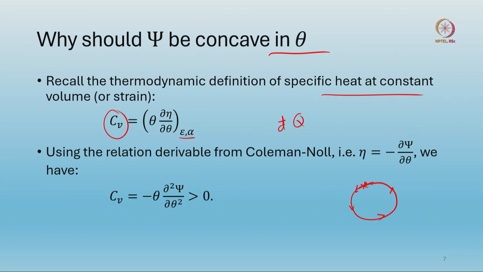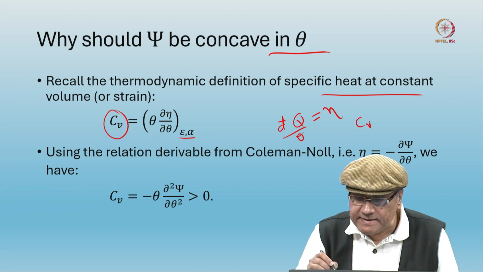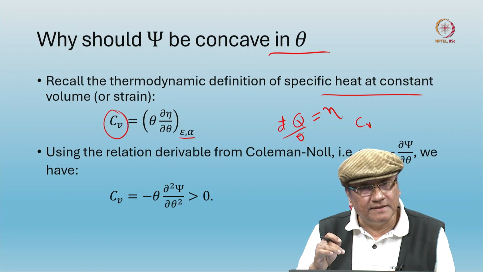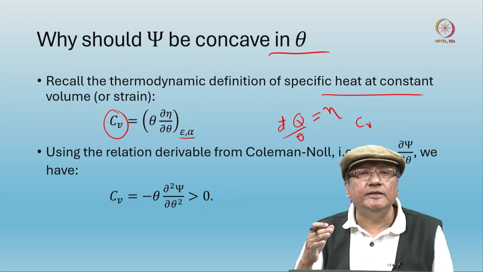So, how is entropy defined? If you call eta the entropy, then entropy is basically dq by theta, the usual definition of entropy, where theta is the absolute temperature. On the other hand, the definition of CV is that CV is the heat needed to increase the temperature by unity.